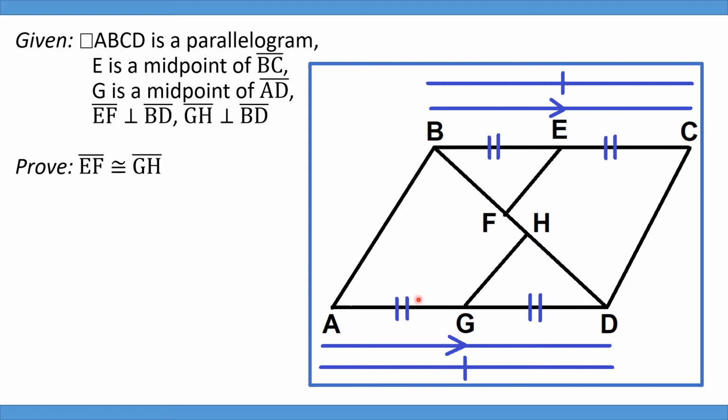Now, why do they have the same markings? It's because we know that line segment BC is congruent to line segment AD. So it must tell us that line segment BE is congruent to line segment EC, which is also congruent to line segment AG and also congruent to line segment GD.